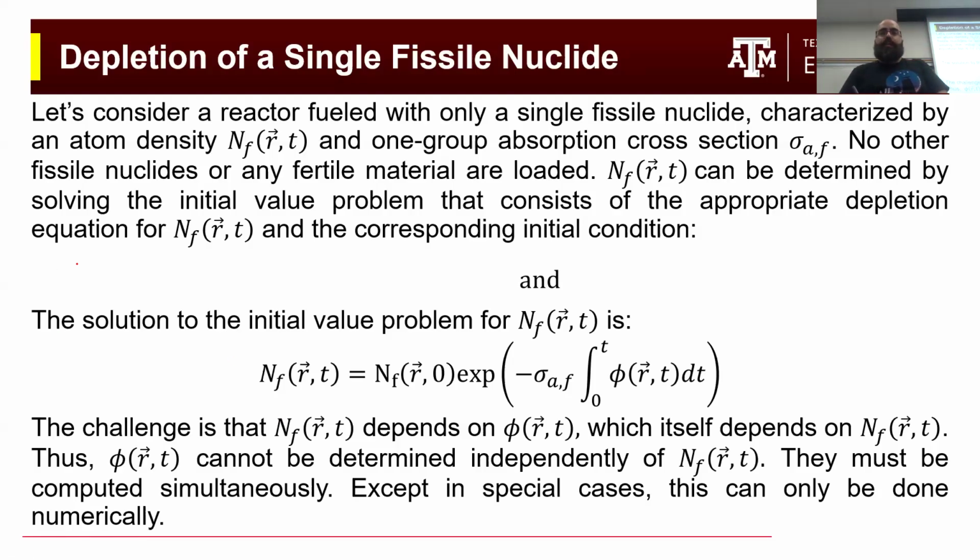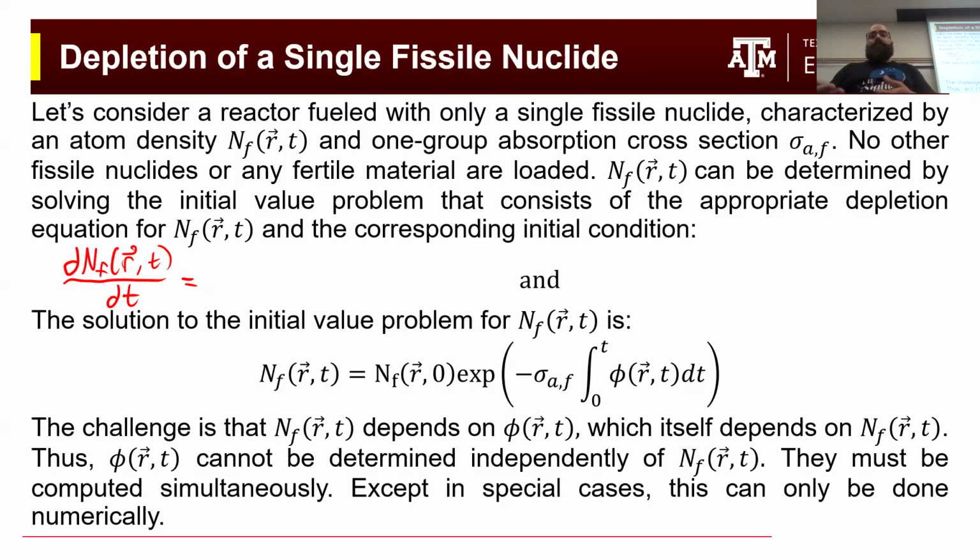The change rate is dNF of r and t, dt, and that is gains minus losses. But this is my fissile nuclide, so there are no gain rates. There's no way I can gain U-235 unless I'm continually adding fuel into my reactor.